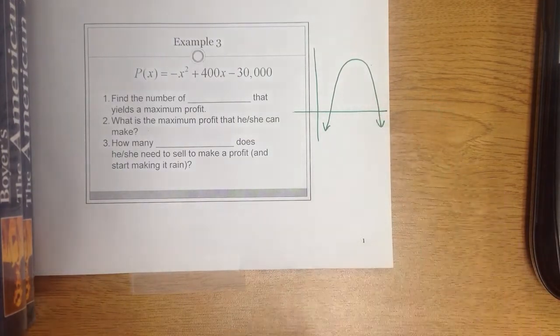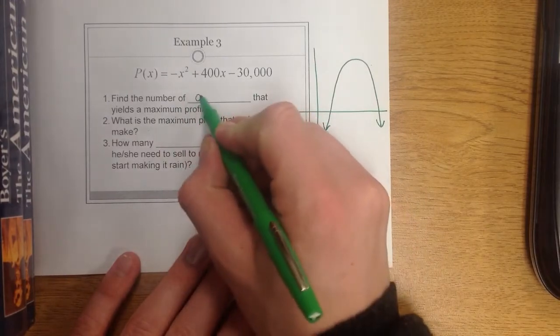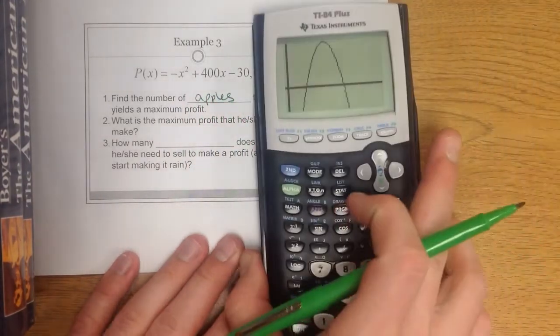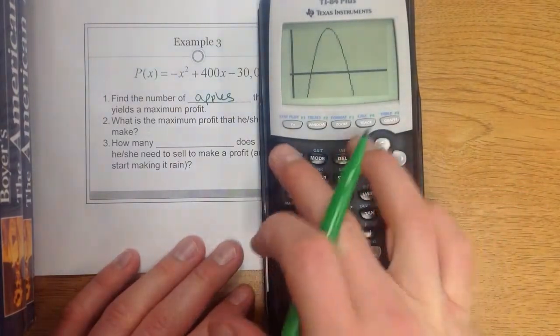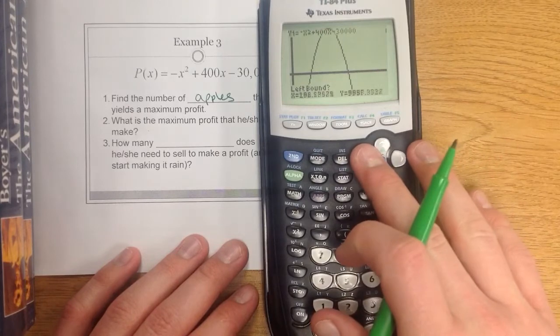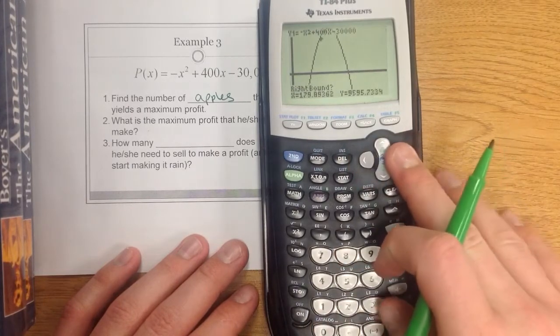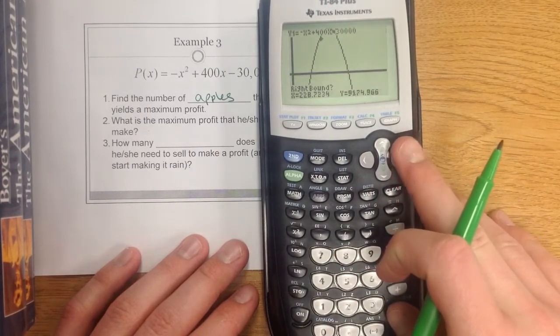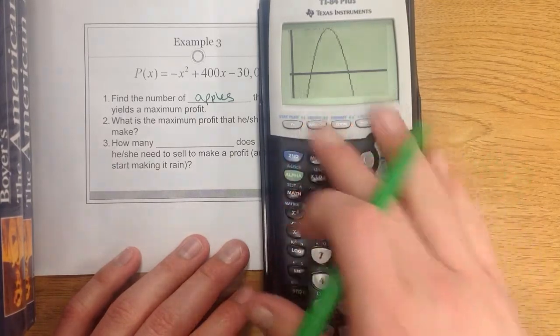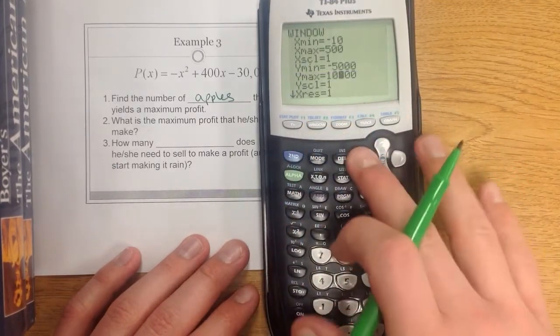Find the number of apples that yields a maximum profit. So I want to find my maximum. So second, calc, max. Let's make sure we can see what I'm doing. I'm going to adjust this, make it a little bit bigger.